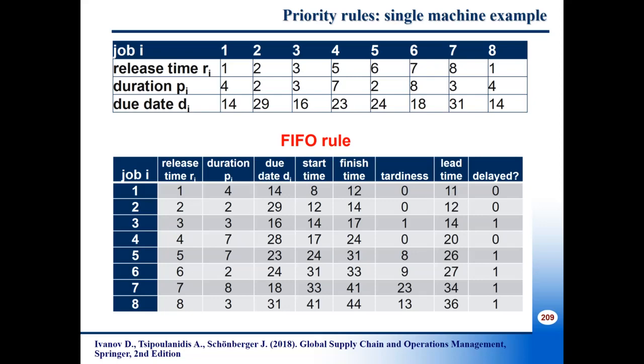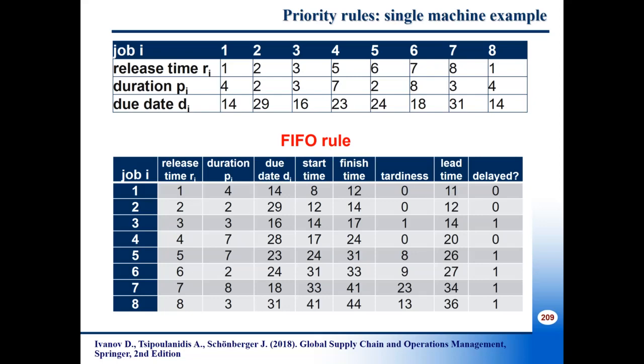The release time stands for the time when the jobs are sent to a particular machine to be processed. Duration is the machining time for each job. And the due date is the maximum time that needs to be followed by an operations manager to complete a particular job I.